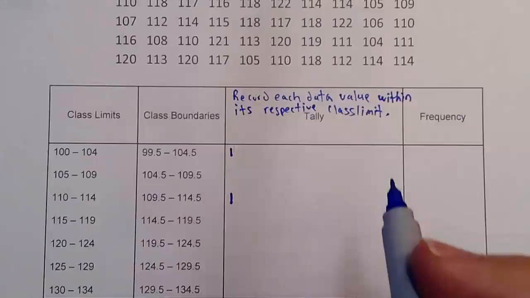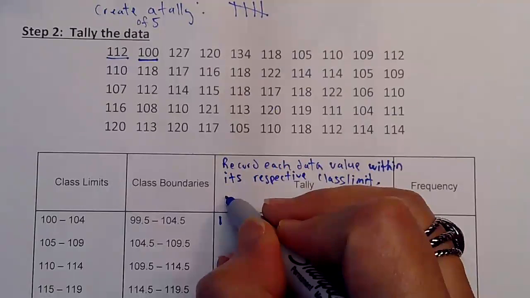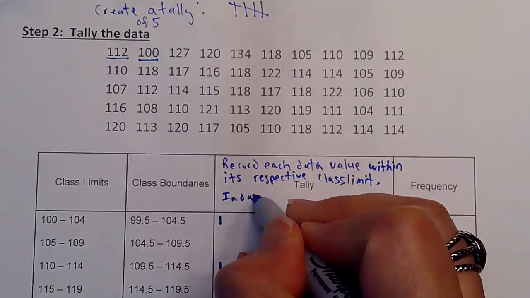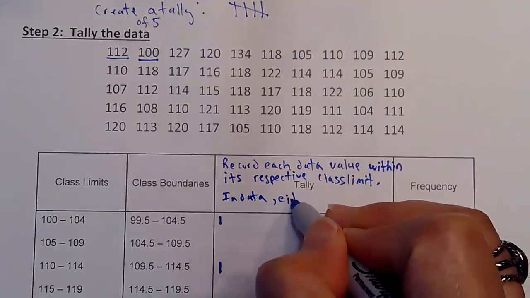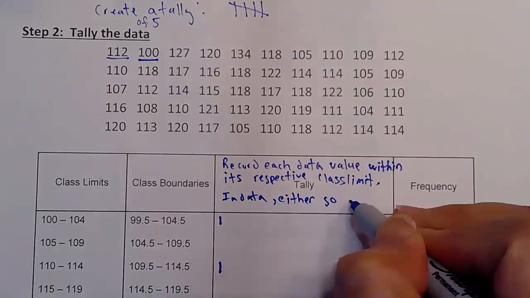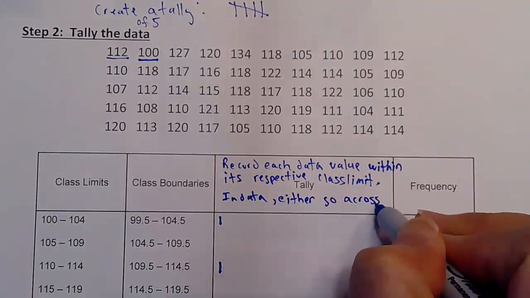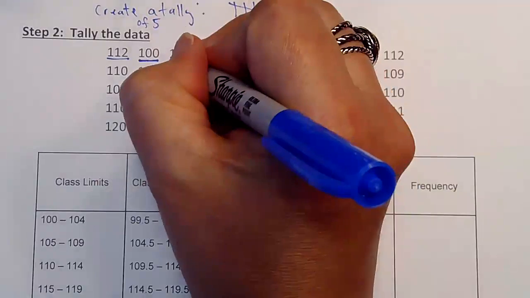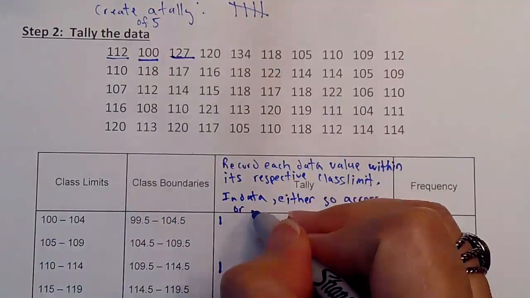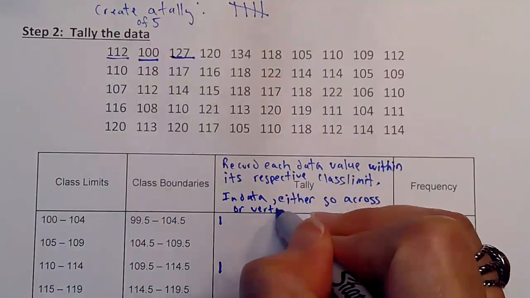You can either go across in your data, which is what I'm doing, and then I'm going to go to 127, or go vertically.